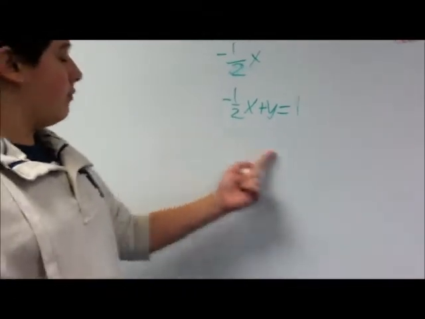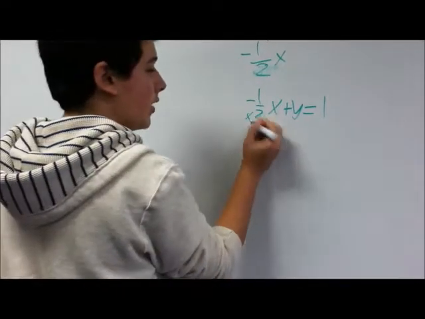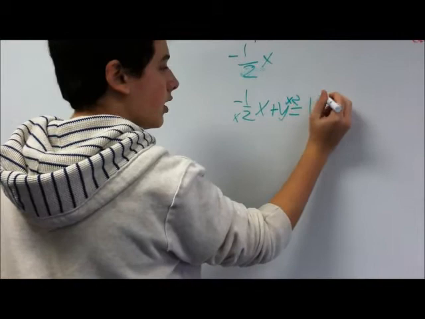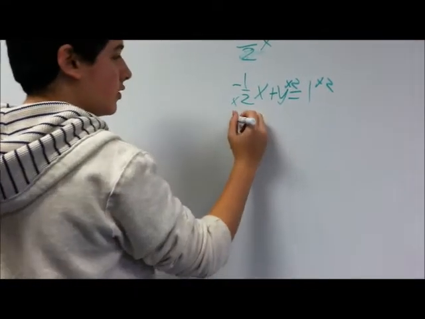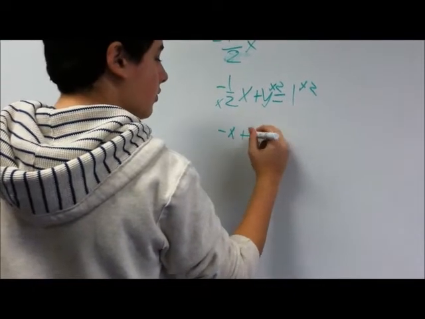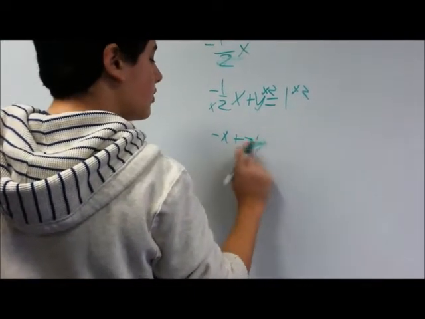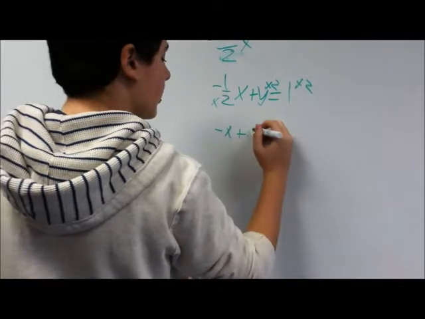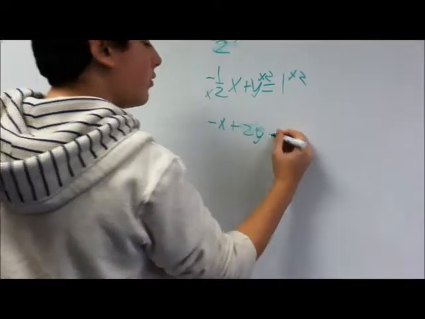Then, to get rid of the fraction, you multiply by 2 everywhere. This leaves you negative x plus 2y equals 2.